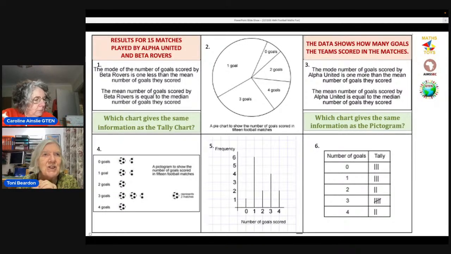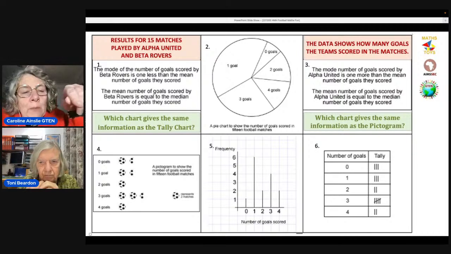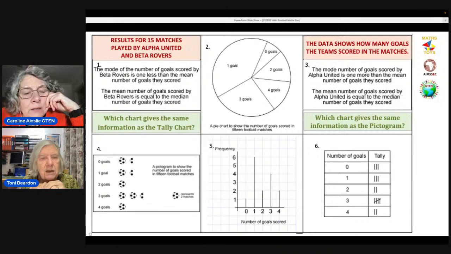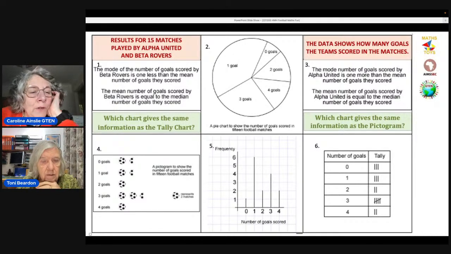So it's a good incentive to work out the three averages, mean, median, and mode. Right. So by working out the mean, median, and mode, you can identify which of those charts refers to Beta Rovers and which refers to Alpha United. Indeed. It's a nice little puzzle then. It's like a mix and match, but you've got to work out the averages in order to complete it.